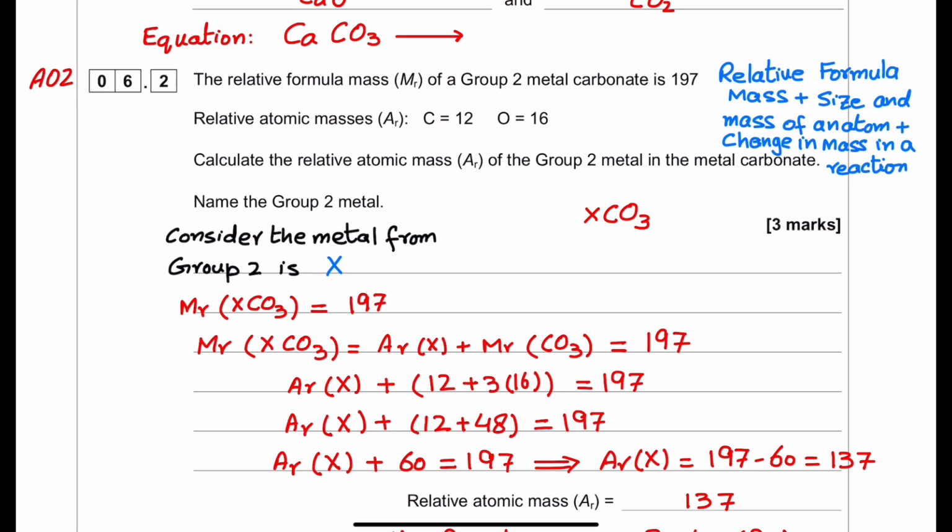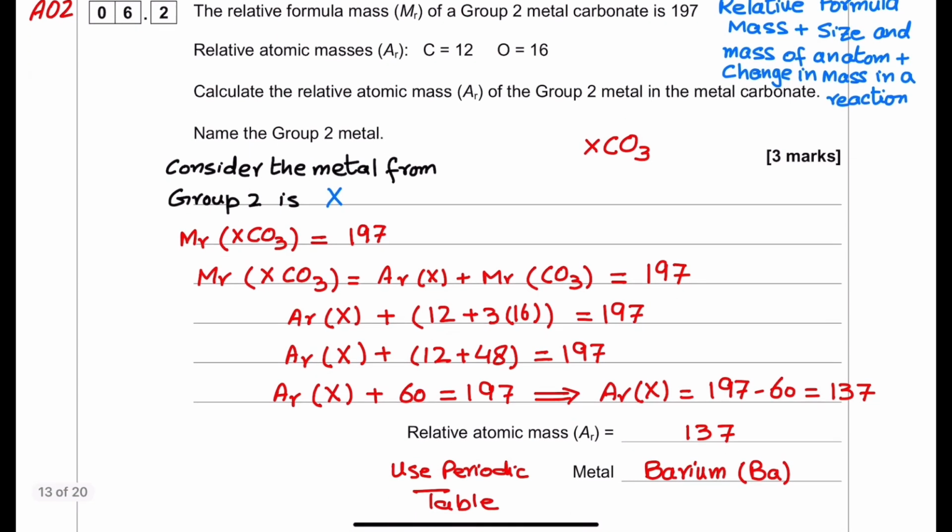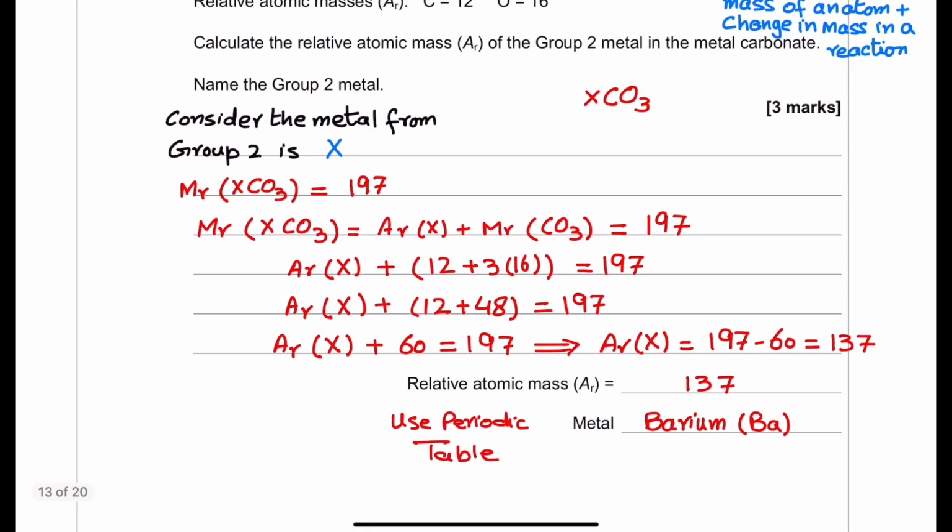So we can go to the periodic table and see which element has a mass of 137. 137 is the mass number. It is not the atomic number. If we check the periodic table, it is the element which is called barium, Ba, which has a mass of 137.